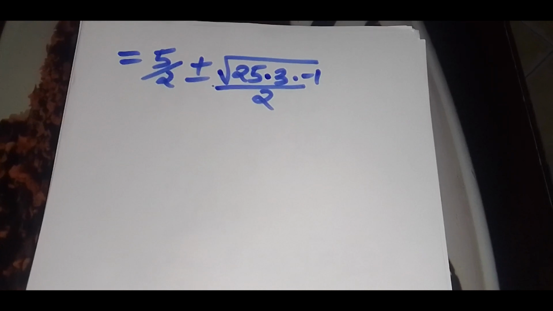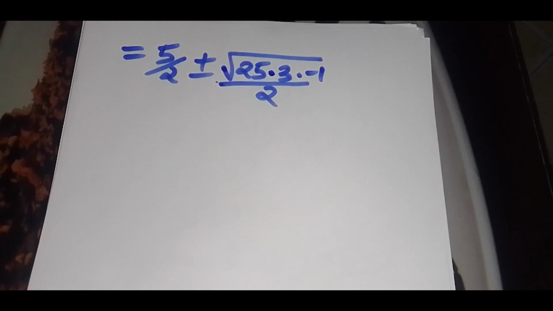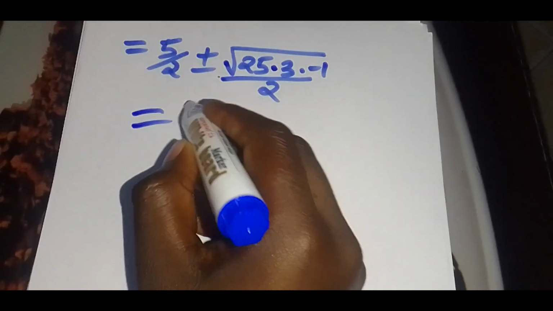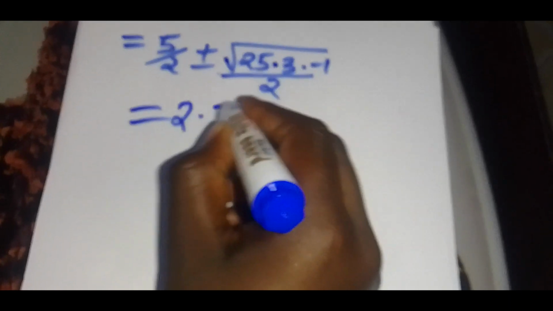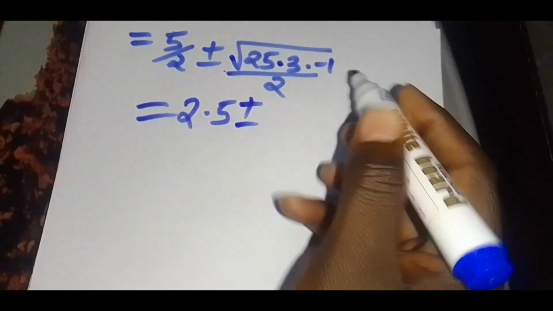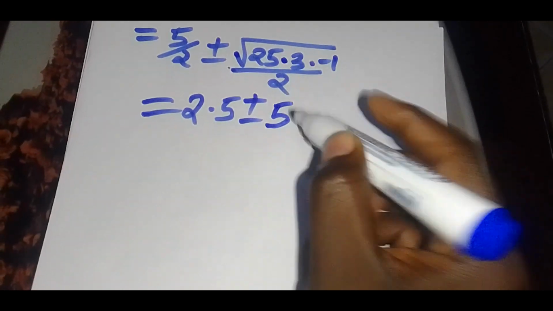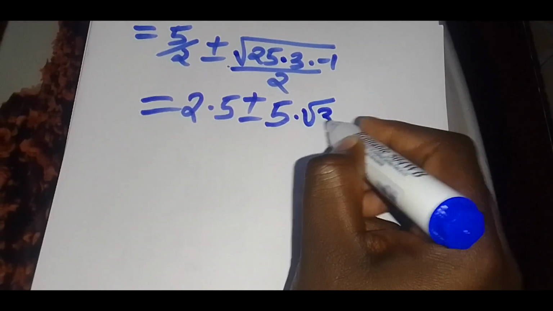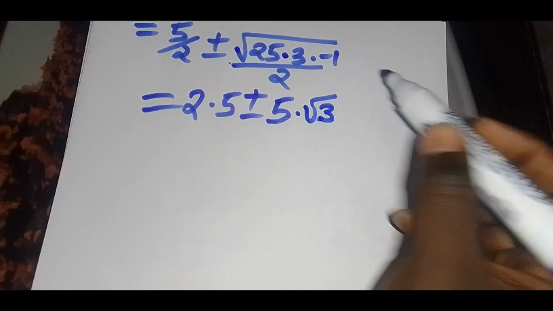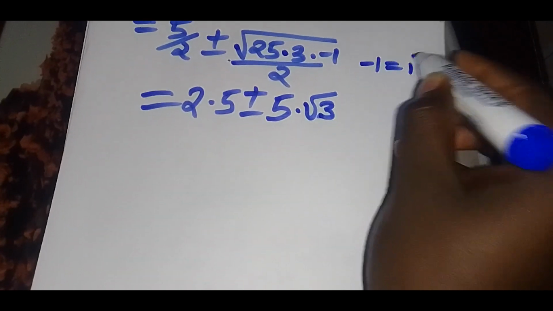So I can write this as 5 divided by 2, which is 2.5, plus or minus the square root of 25, which is 5, multiplied by the square root of 3, and the square root of negative 1 is equal to i.